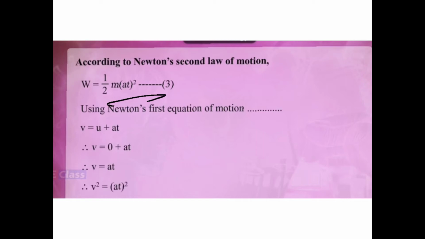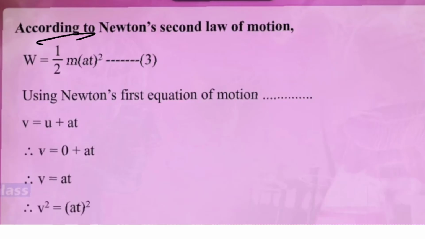Right. Now we'll use the first equation of motion. We have v is equal to u plus at. Again I will put u equal to 0, isn't it? So v will be equal to at.